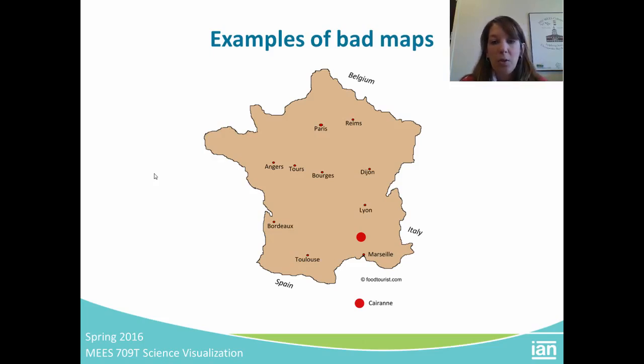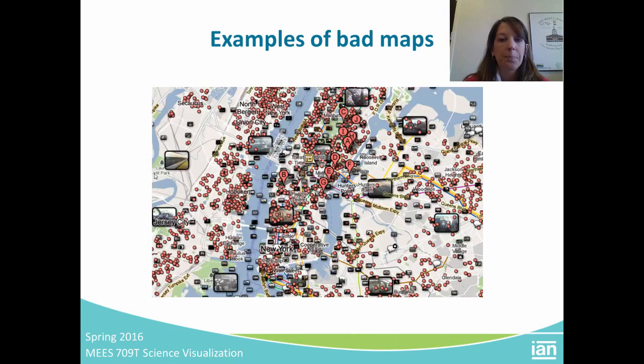Besides which, they don't indicate where there's water or where there's land. You see Italy, Belgium, and Spain kind of floating in mid-space. And then this is just an example, obviously, again, of one that's too busy. Someone must have searched for something and tried to overlay it with other things, and it just became way too much, and it's not really useful information.